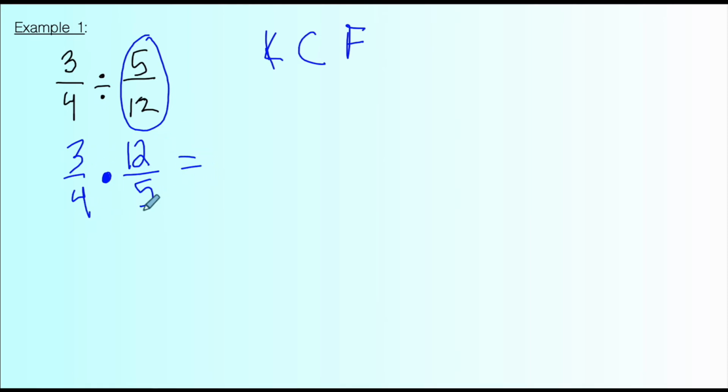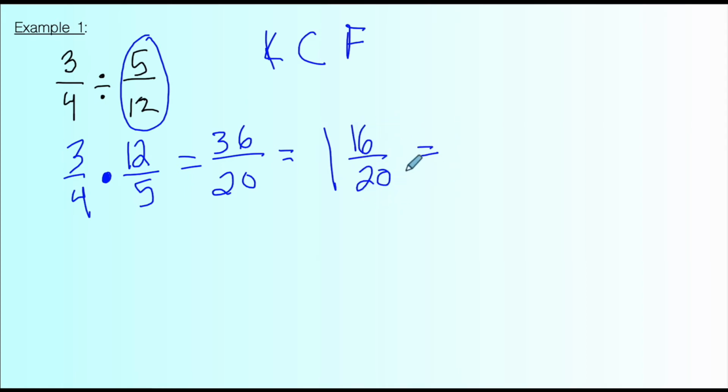Top times top, bottom times bottom. So numerator times numerator. 3 times 12 is 36. 4 times 5 is 20. And since this is an improper fraction, we're going to simplify it and put it as a mixed number. 20 can go into 36 one time with 16 left over.